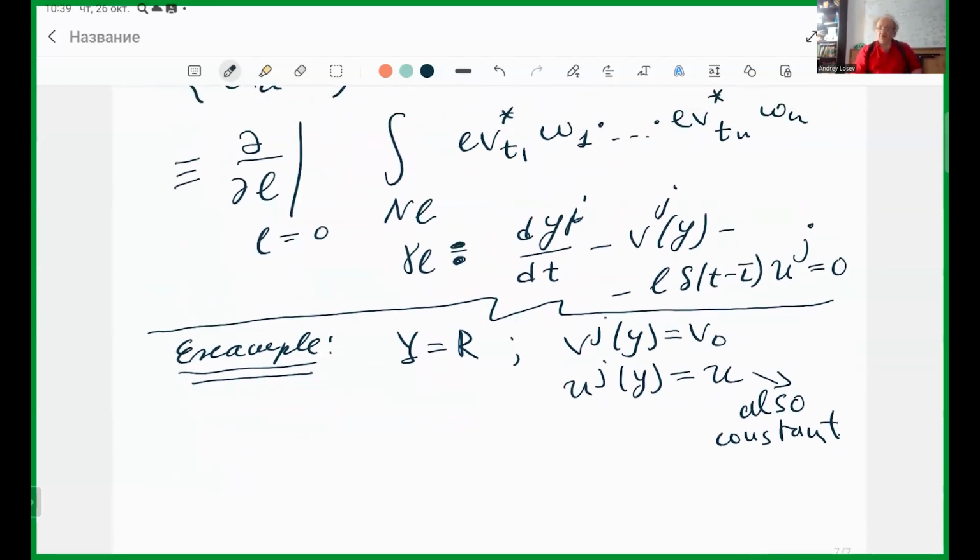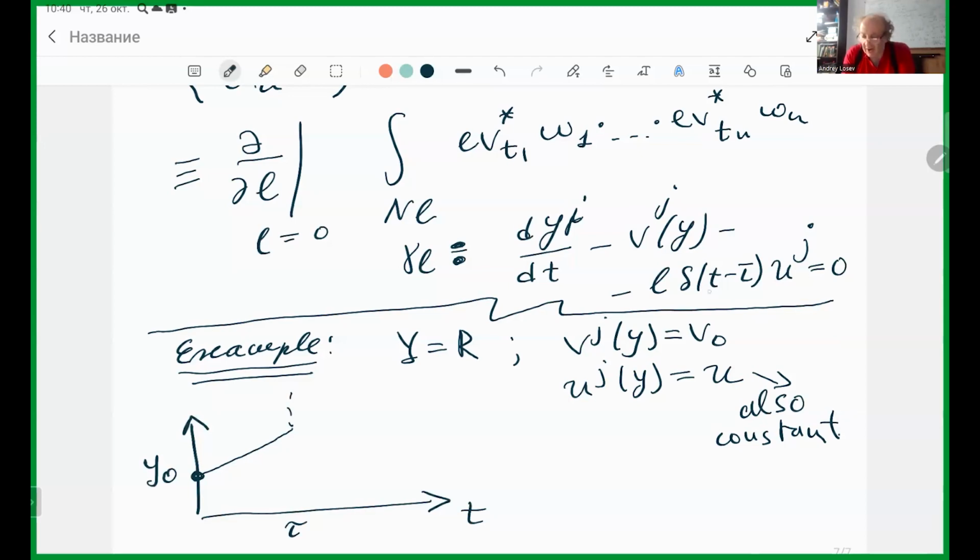Now it's interesting to solve this trajectory. It is easier to draw them. So here is t. We start at y naught. Then we go like this, up to the point tau. And then what happens at the point tau?